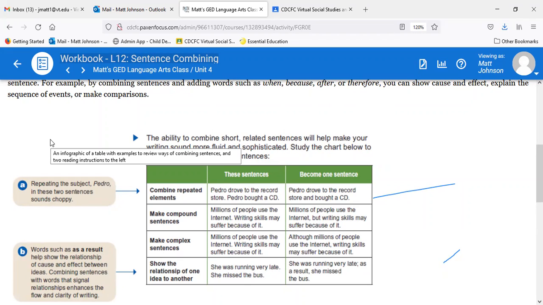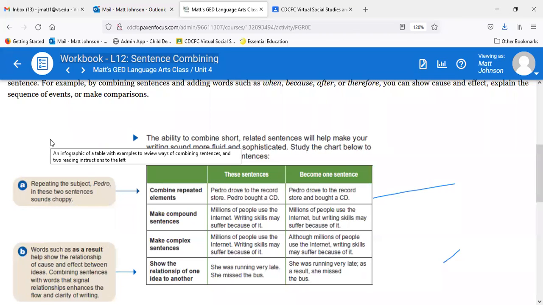Complex sentence, on the other hand, has a subordinate clause. Millions of people use the internet. Writing skills may suffer because of it. Here we change it like this. Although millions of people use the internet, comma, writing skills may suffer because of it. In this case, rather than having two complete sentences, we're making a subordinate clause there.